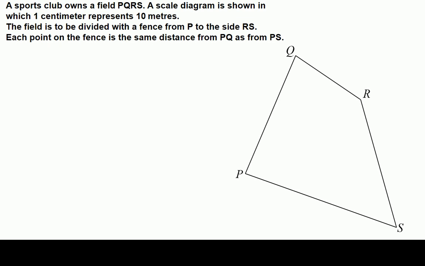That's a mouthful, but we will dissect this problem. The field is to be divided with a fence from P to the side RS. The fence will go from P and it will meet the side RS. But where?